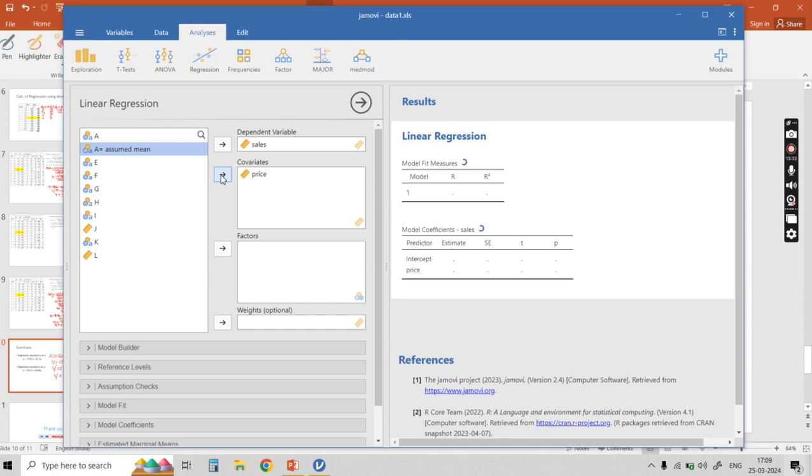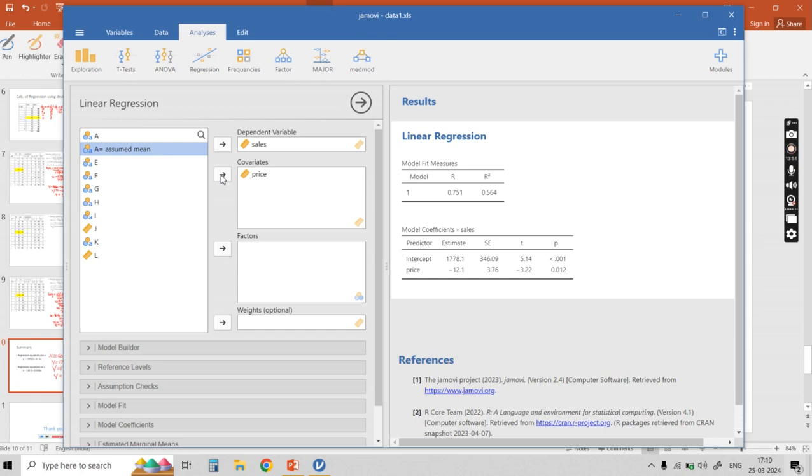The output would be shown in the right hand window. If you notice here, minus 12.1 is your beta coefficient, which we found out using pen and paper, and 1778.1 was the constant. You can do this by interchanging sales and price.